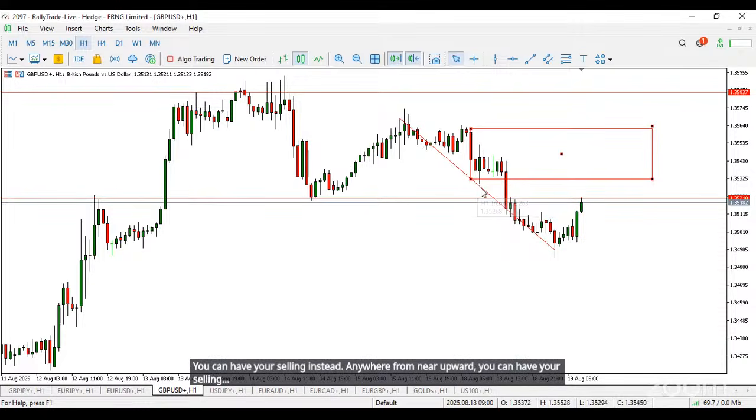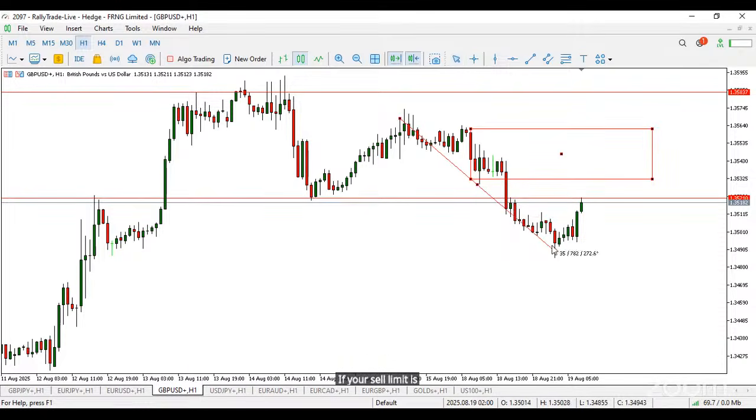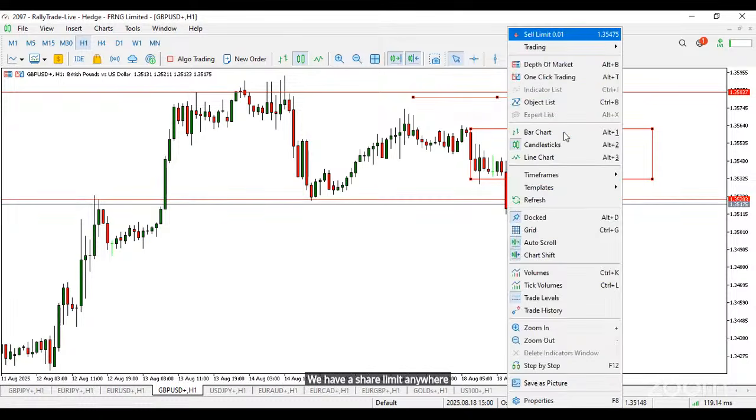Now, if your sell limit is there, it means the risk as well will just be above the lower high. Risk will be above the high. All right. So for a more precise entry or premium entry, we'll have our sell limit anywhere inside of this area.